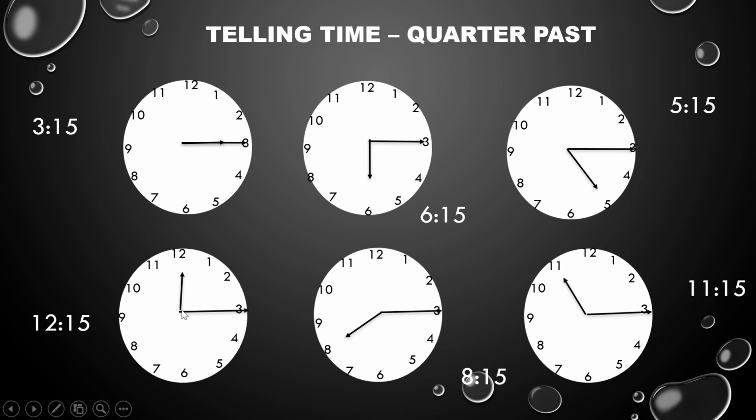What time is this? 12:15. It is also called quarter past 12. What time is this? 8:15. It is also called quarter past 8. What is this? 11:15. This is also called quarter past 11.